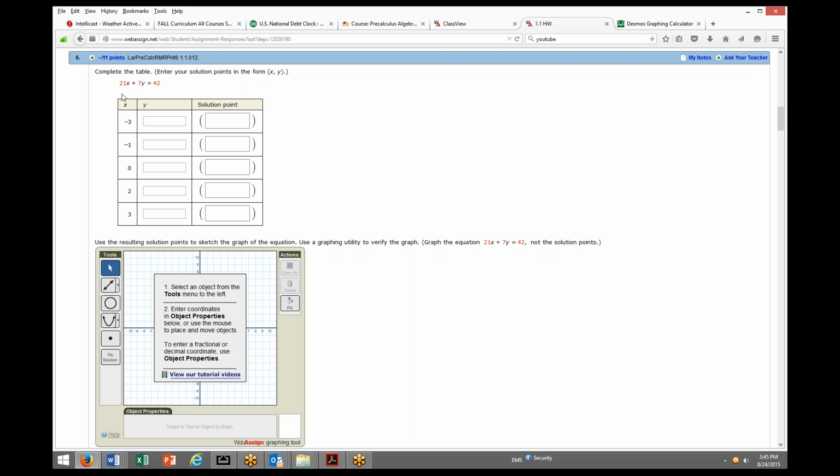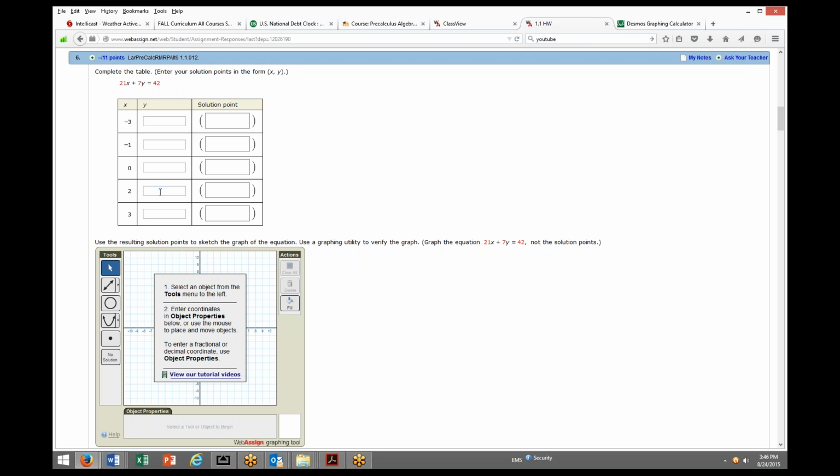And so if y is 0, 7 times 0 is 0, so 21x equals 42. And then solving for x with 21x equaling 42, divide both sides by 21, the number in front of x, and you end up with x equals 2. So one solution point is that when y is 0, x is 2.